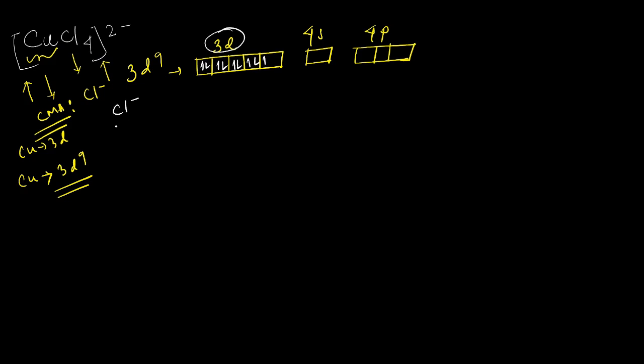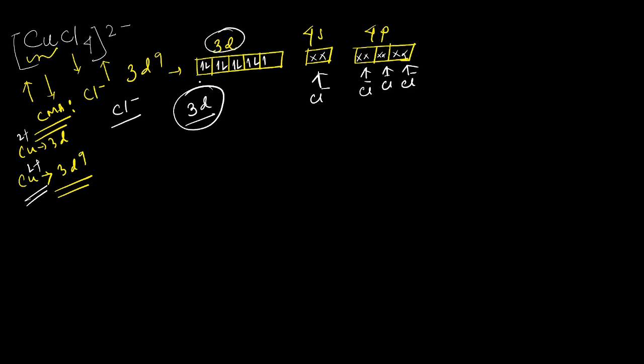When 4 Cl minus ligands come to bind with this Cu2 plus ion, then the 4 Cl minus donate their lone pair of electrons to one 4s and three 4p orbitals like this, because here the 3d orbital is not vacant.